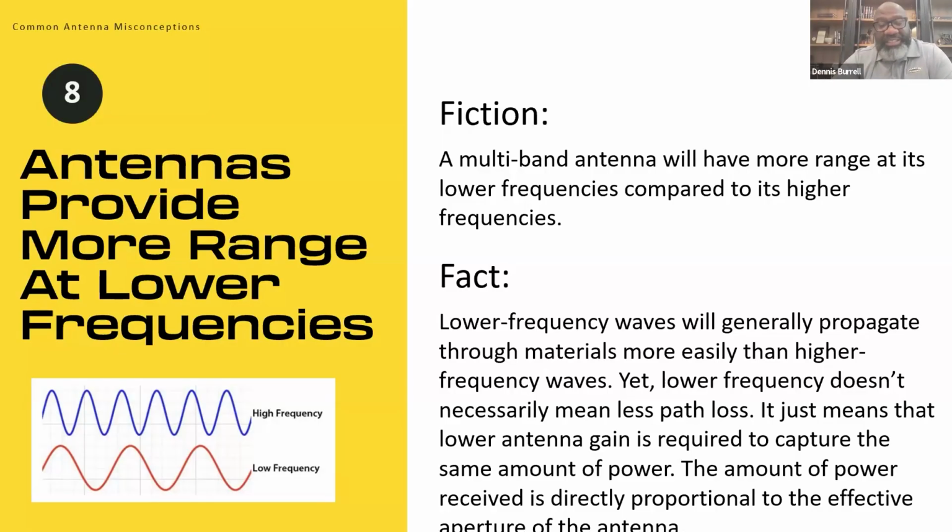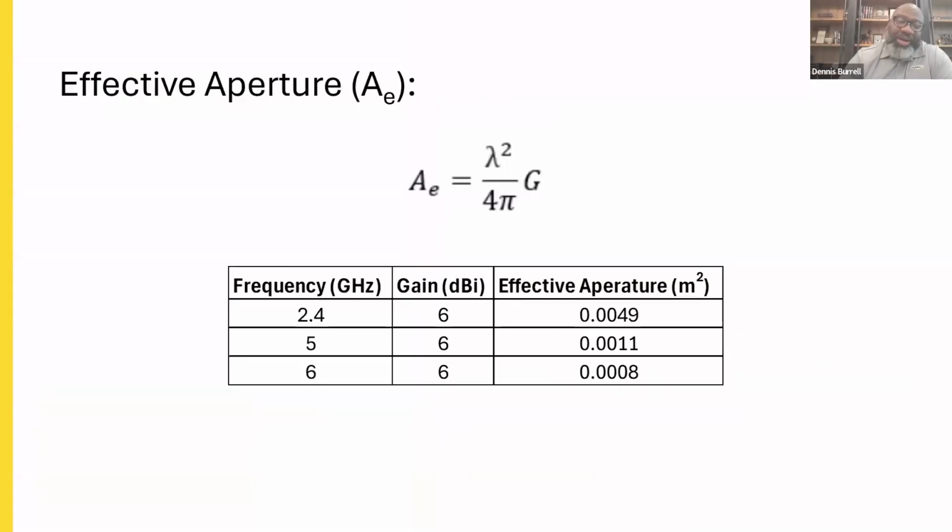The amount of power received is directly proportional to the effective aperture of the antenna. So one way that you get around that is by increasing the aperture at the frequency to get more performance or more transmission and gain through it. So typically, this chart just shows how you calculate the effective aperture, and you see that at 2.4, the effective aperture compared to 5 and 6 gigahertz.